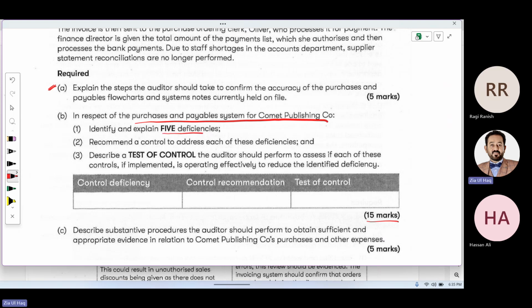identify and explain 5 deficiencies, meaning one column for deficiencies. Recommend a control to address each of these deficiencies, second column for recommendation. Obviously, in deficiency, we need to provide the implication as well. And a third column: describe a test of control the auditor should perform to assess if each of these controls, if implemented, is operating effectively to reduce the identified deficiency.